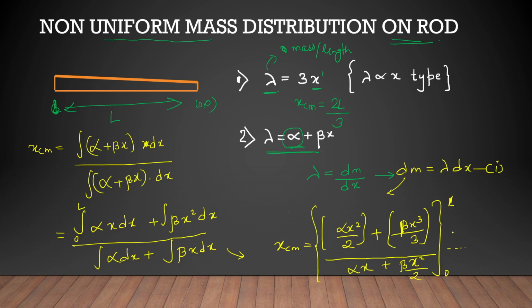So 0 has no value, so only L we'll substitute, and we would get the solution as L by 3, 3 alpha plus 2 beta L divided by 2 alpha plus beta L. So this is the solution of the entire question, where non-uniform mass distribution of the rod questions were solved.